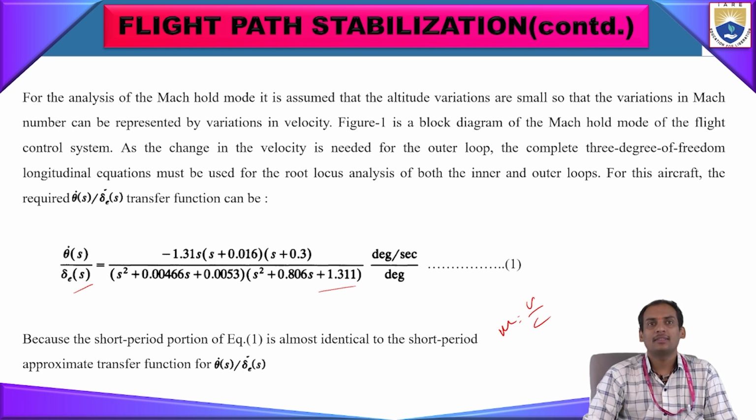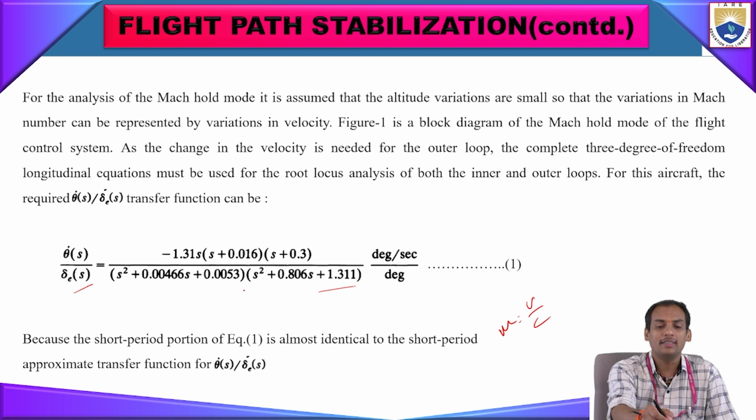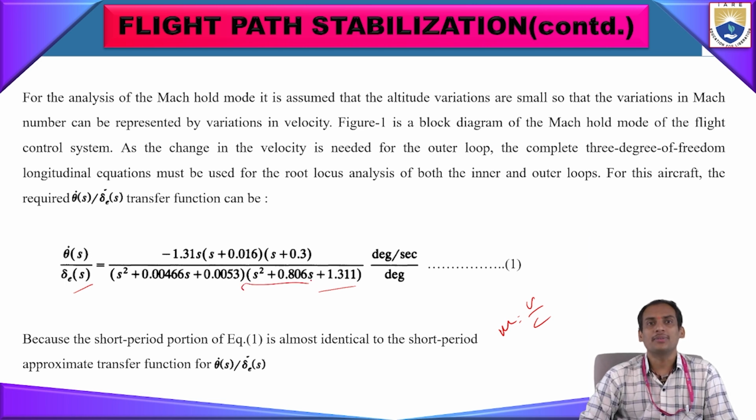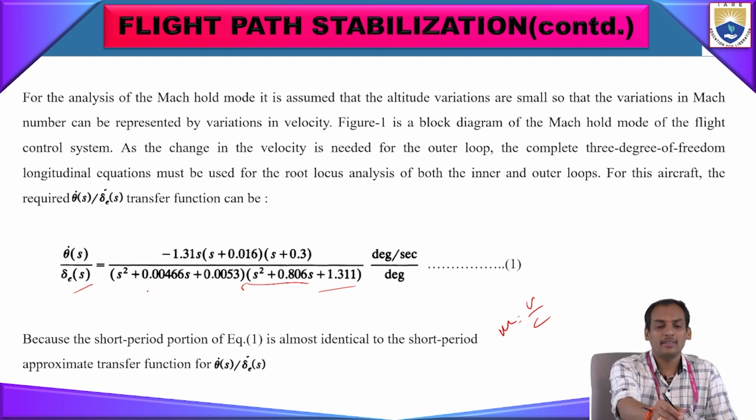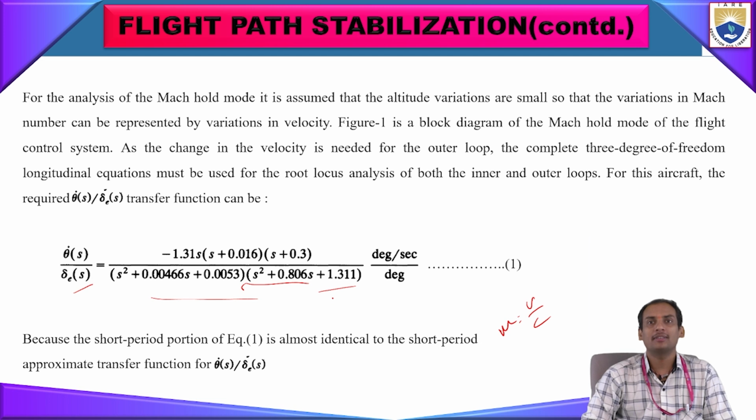Generally theta is in degree, and theta dot means how many degrees per second it is getting, which is also controlled by this transfer function only. Because of the short period portion of equation 1, the short period we will get by solving this polynomial equation.